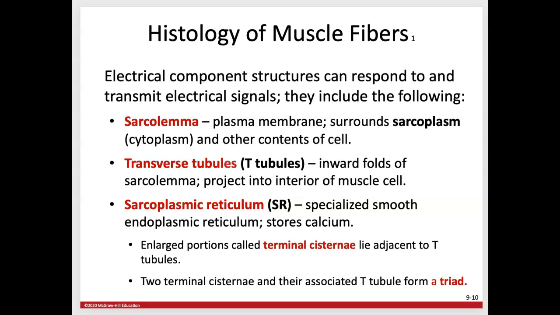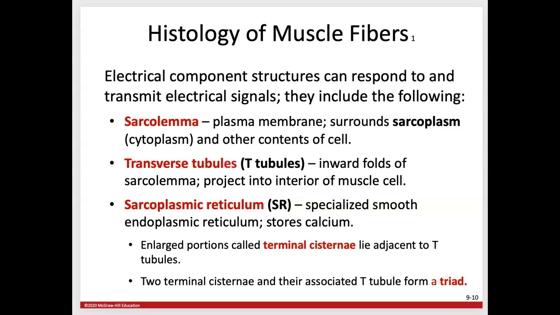They're going down deep into the couch, or into the cell itself. So the transverse tubules, or T-tubules, are inward folds of the sarcolemma, an extension pushed down into the cell, and they project into the interior of the muscle cell.